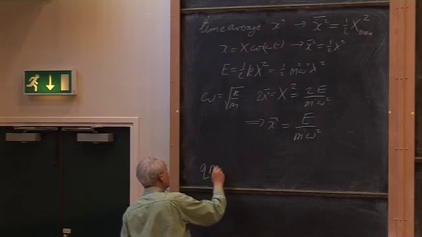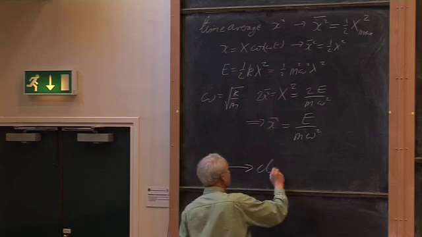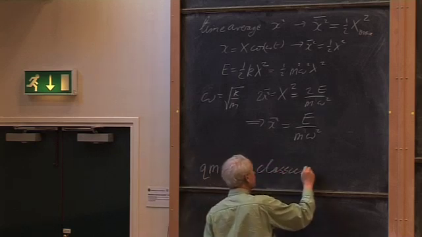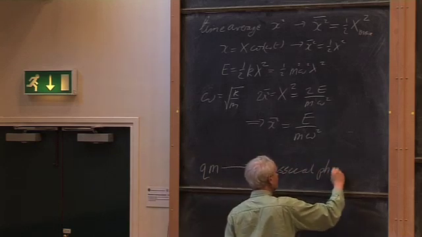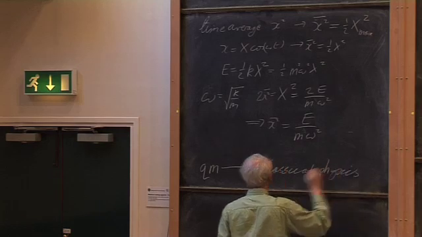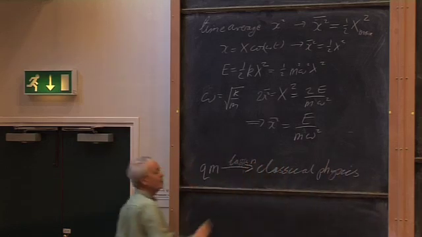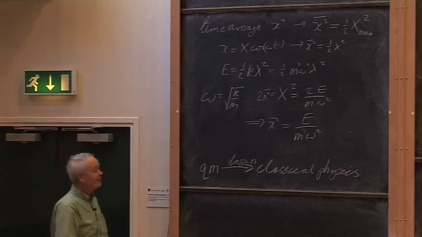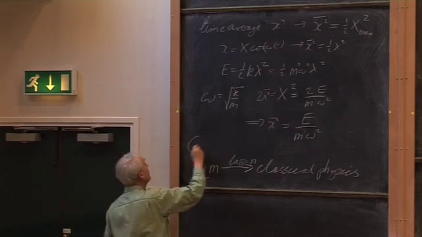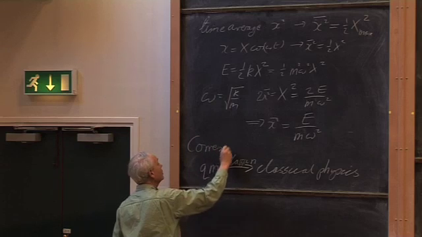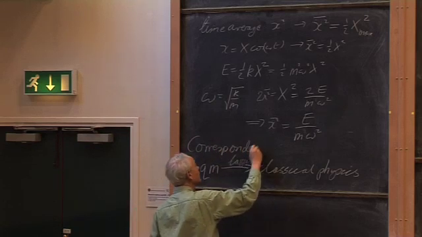So the exercise is that QM goes to classical physics for large n, large quantum number. Here's our first example of a relevant quantum number. This is the correspondence principle.